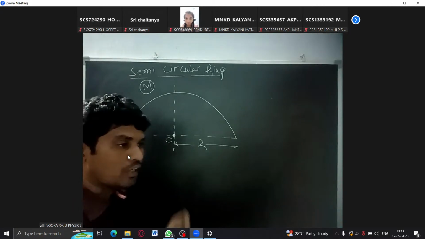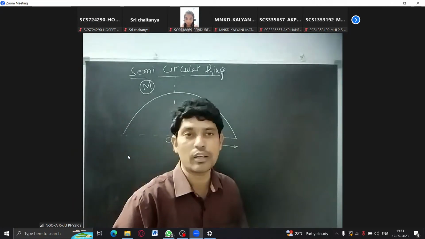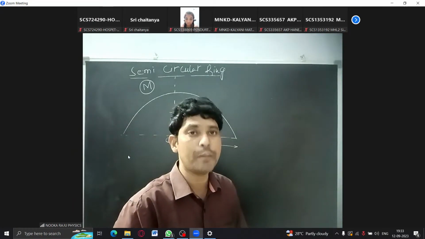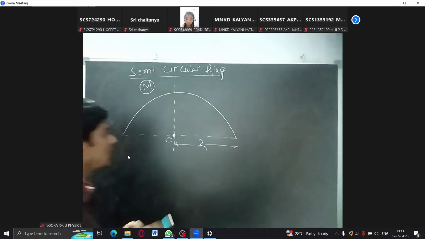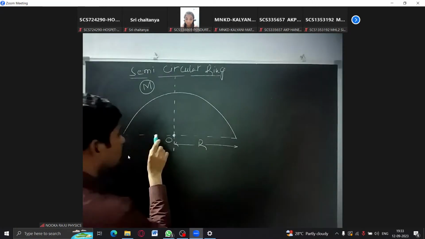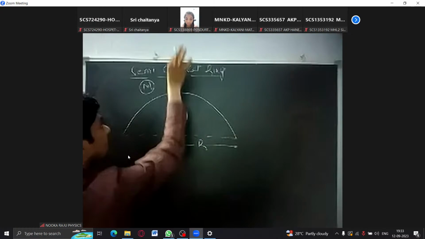Whenever you calculate the center of mass of any body, first of all I want to fix where it is on the x-axis. Let it be on this x-axis. This is automatically the y-axis.